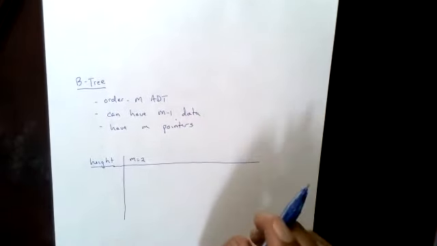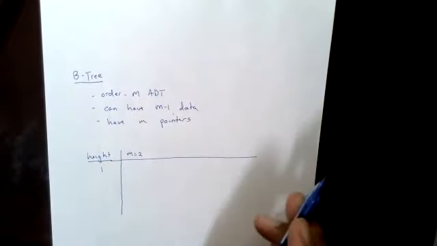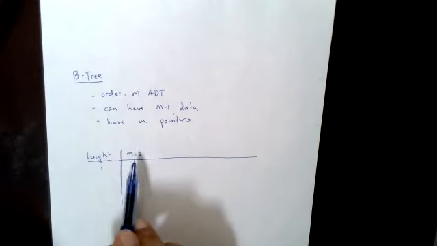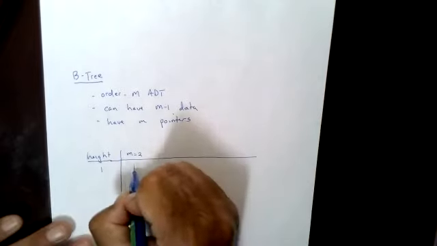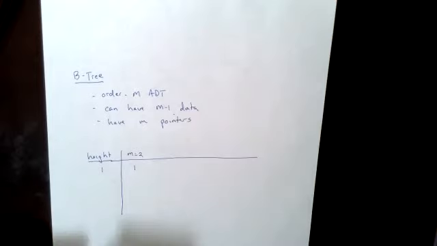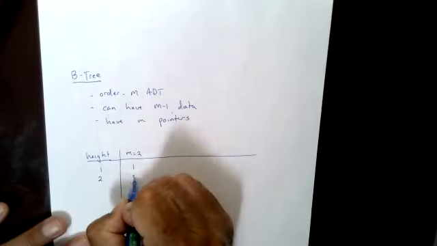When I'm at a height of 1, how many values are stored in my traditional binary tree? Just 1, right? When I had a height 2, how many values? 1 and then 2, total of 3.